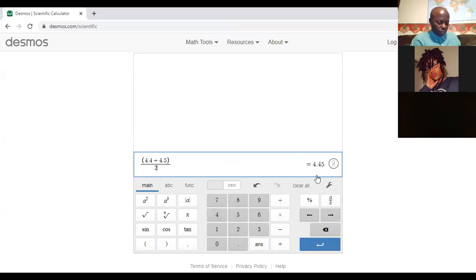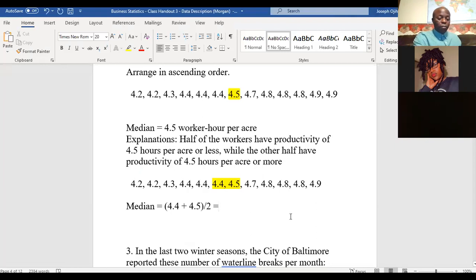That gives us 4.45. So 4.45 becomes your median if it is an even numbered data set or distribution. 4.45. Questions? No.